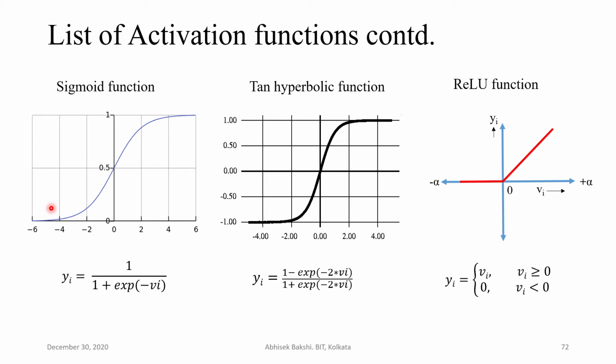And we have seen there was a very interesting feature in this particular sigmoid function, that is, its derivative is very interesting. Its derivative is equal to the function itself multiplied by 1 minus the function.